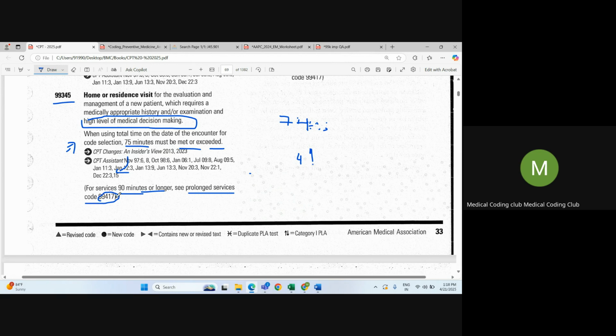So when you meet more than 90 minutes, we take 99417 as the additional CPT code, an additional E/M add-on. It carries, as you all know, 15 minutes per 1 unit. I have already explained 99417 clearly in past videos when I did the E/M series, so please go and check if you have any doubt on 99417 or 99418.